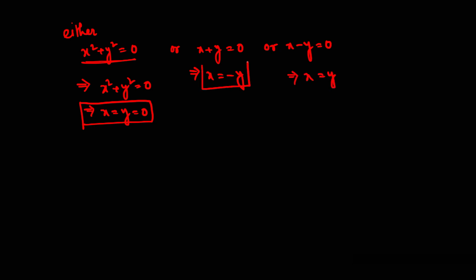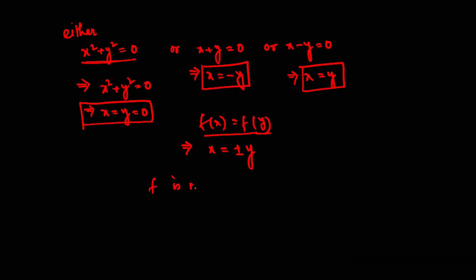So we have two values of x and y such that f(x) equal to f(y), and solving this equation we are getting x equal to plus or minus y. So for two values of x, f(x) equal to f(y). So this is not unique, so f is not one-one.